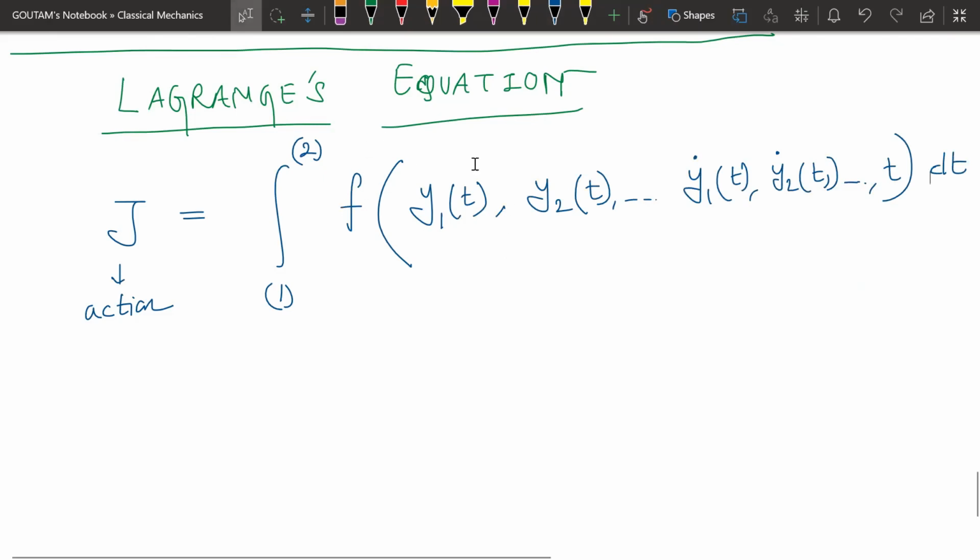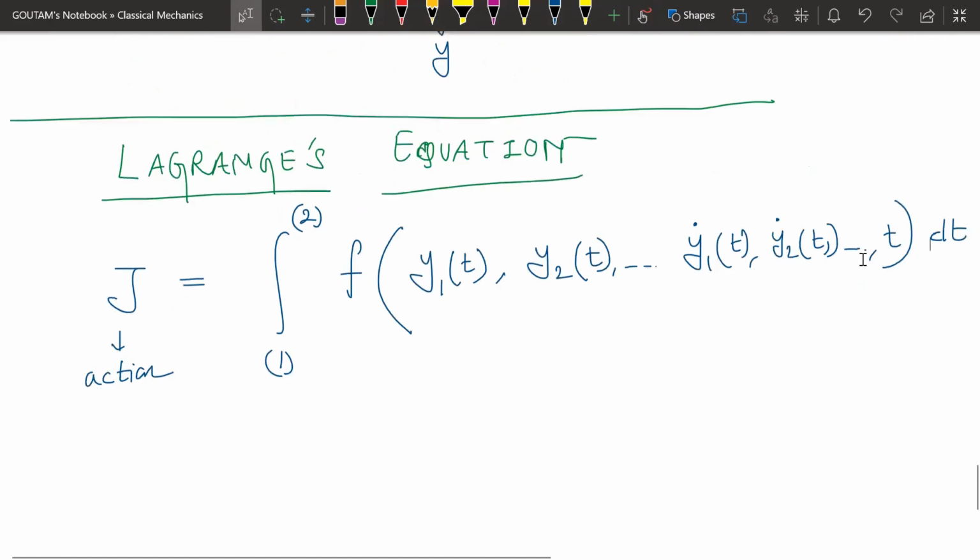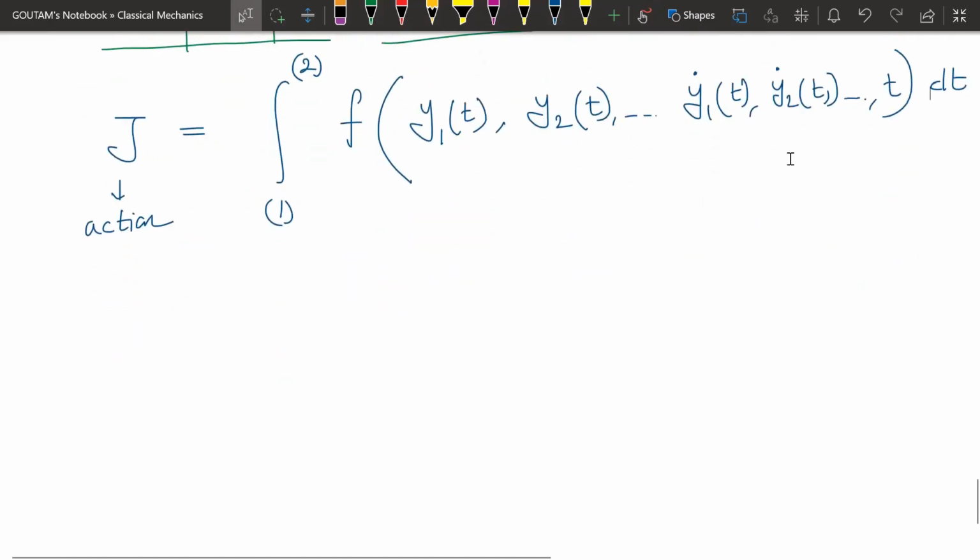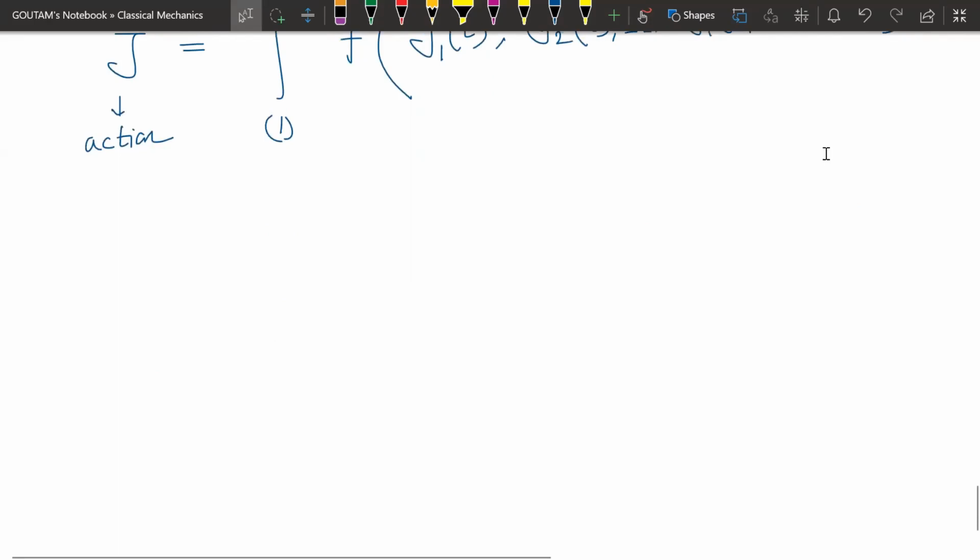So there are multiple generalized coordinates here, y1, y2, y3. It can be n number of coordinates.